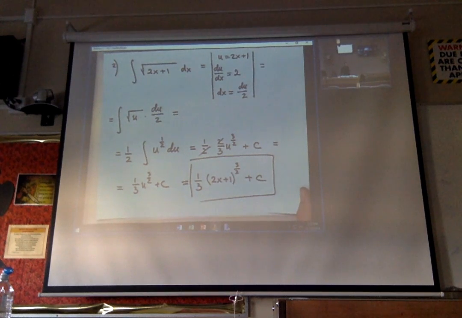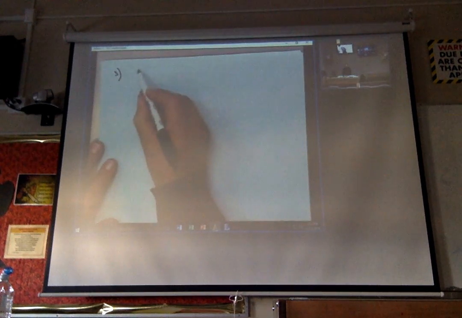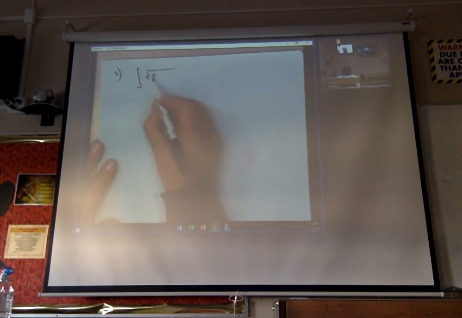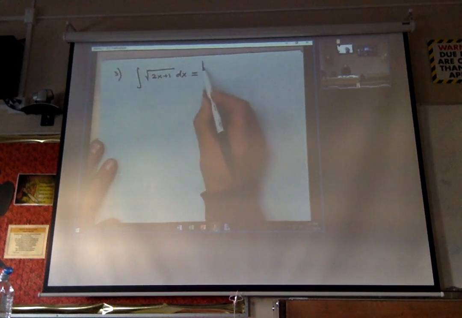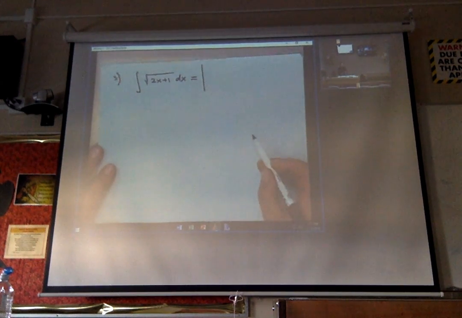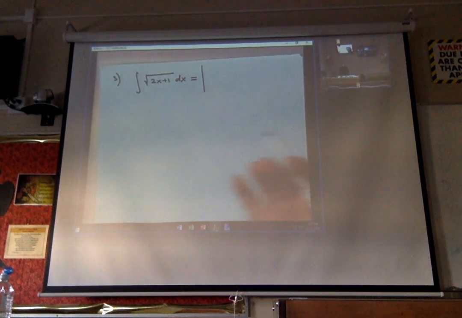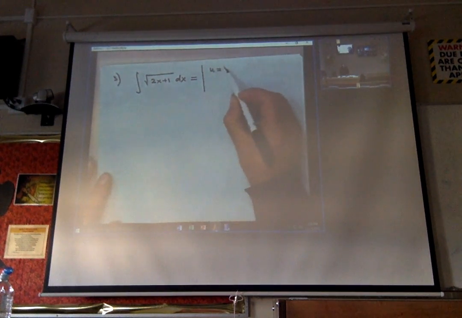But there is something special with another method, so I want to do it. So 3, we have the integral of square root of 2x plus 1 dx. It's the same problem, but the substitution will be the entire piece with the square root. So u equals square root of 2x plus 1.